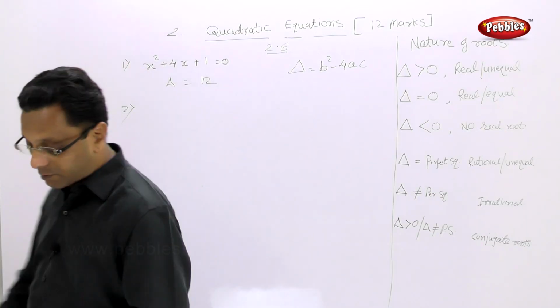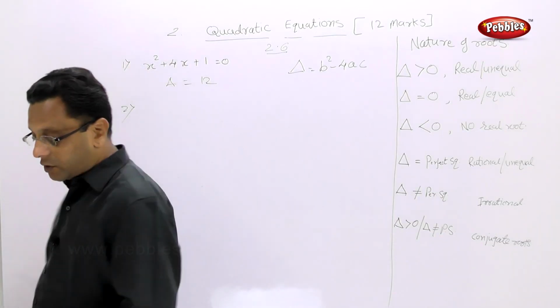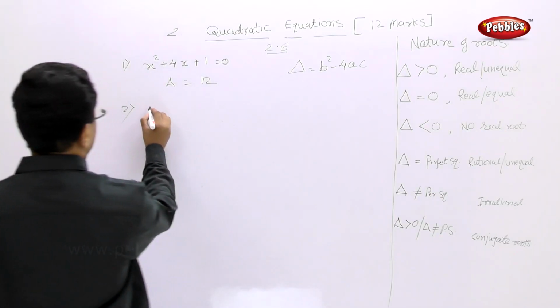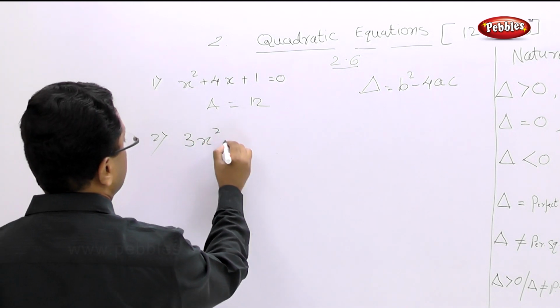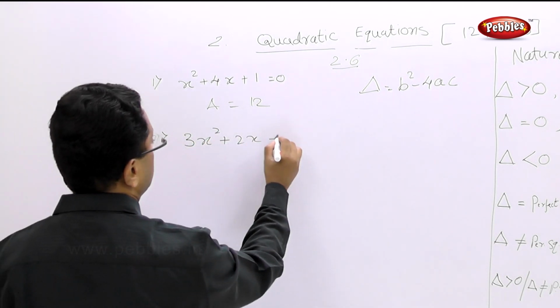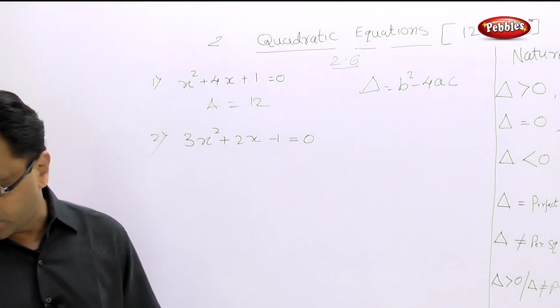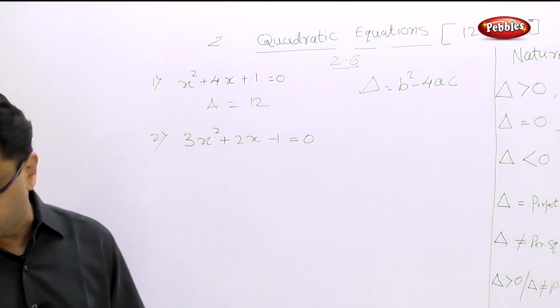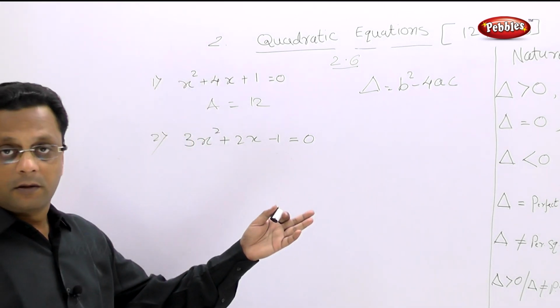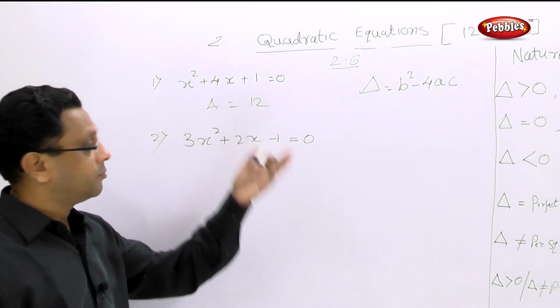Let us see second example. 3x square plus 2x minus 1 is equal to 0. Similarly, you have to solve this example just like before.